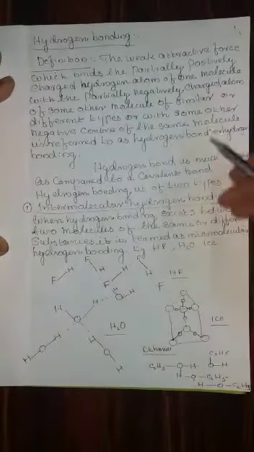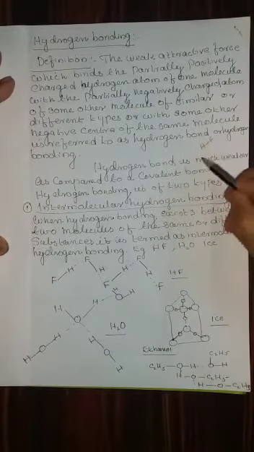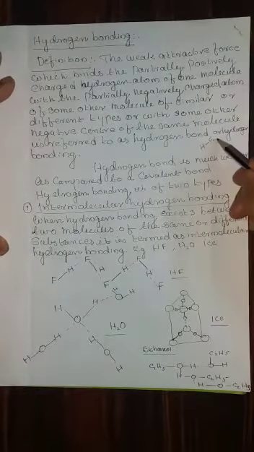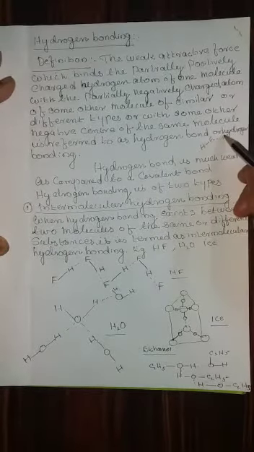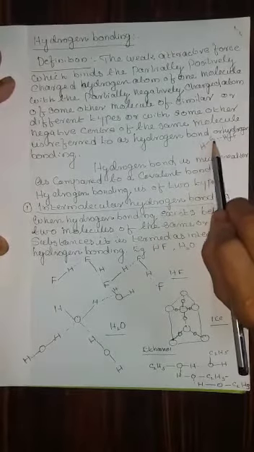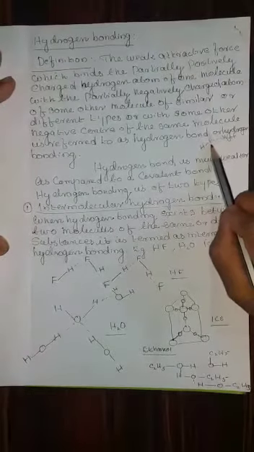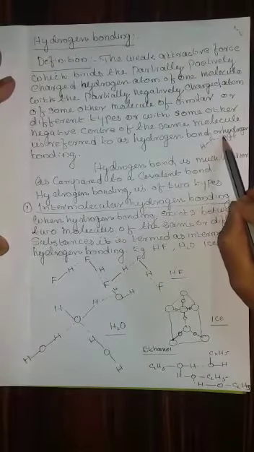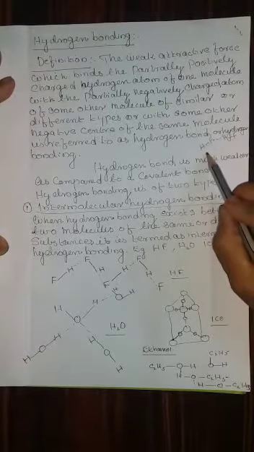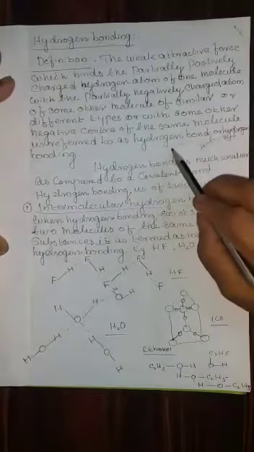See, hydrogen bonding can be of two types. One molecule, for example, hydrogen fluoride, has a strong bond between hydrogen and fluorine. It can form a weak bond with another hydrogen fluoride molecule. That is the weak bond between the partially negatively charged fluorine and the positively charged hydrogen. This is with a different molecule, but within the molecule also it can form.